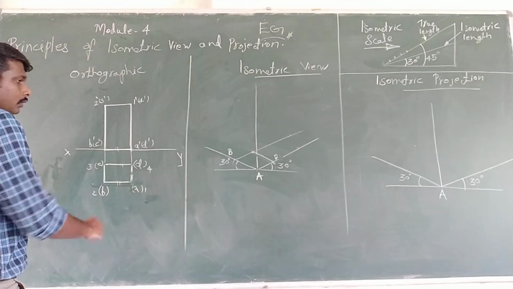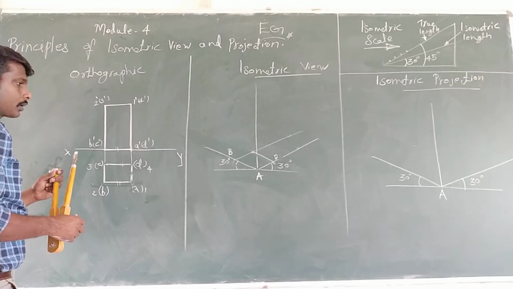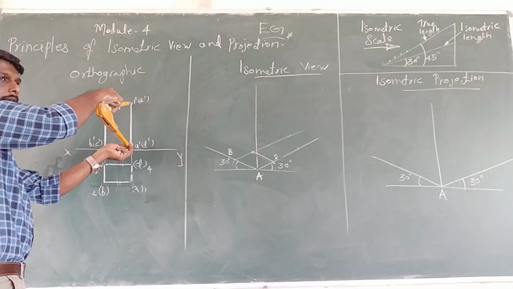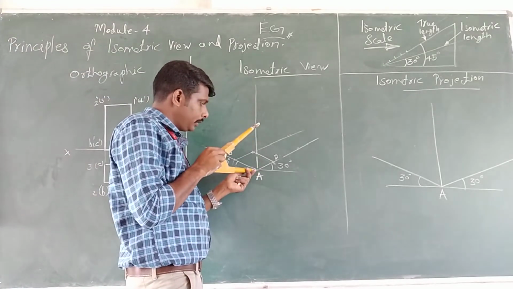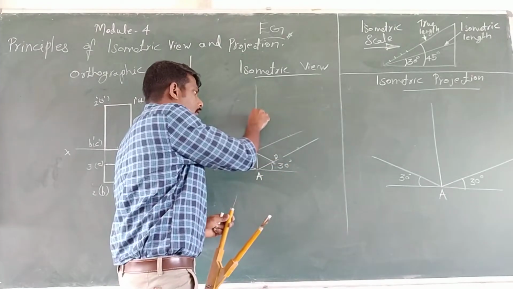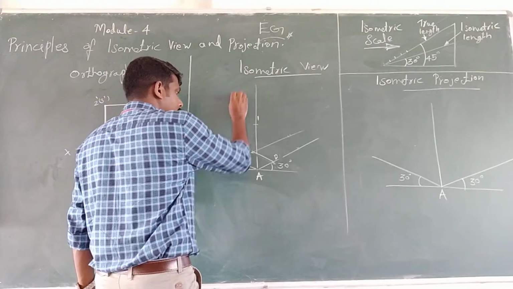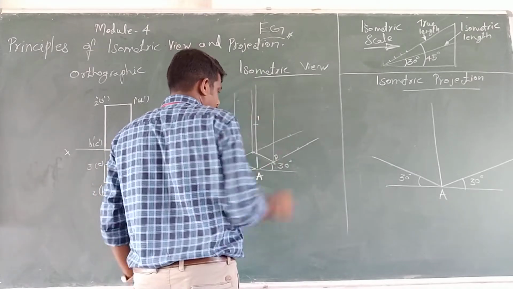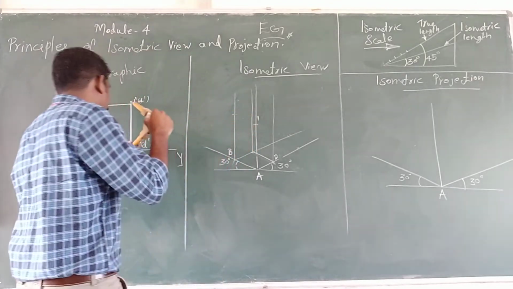Then we need to find out the top view of the object, or the top corners of the object. So A to 1, take the distance A dash, 1 dash. Then mark the point A to 1. Same way, draw vertical lines from each point. Then mark the same distance, B to 2 is also the same.